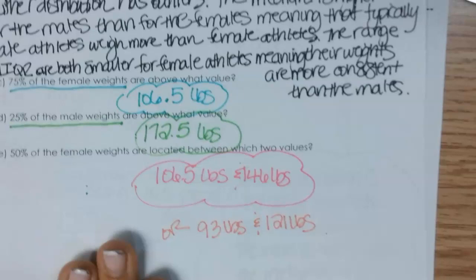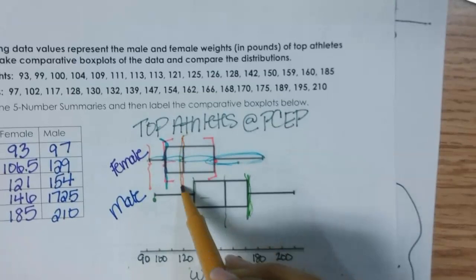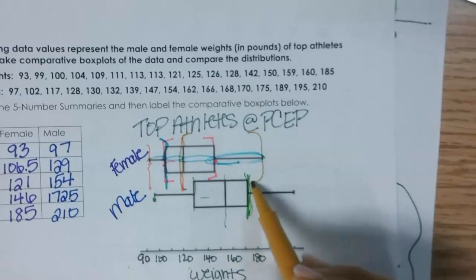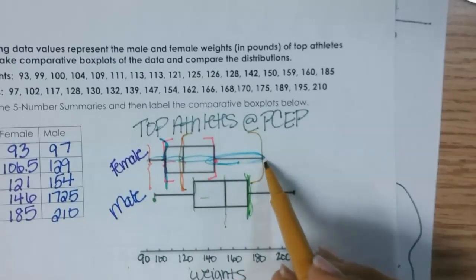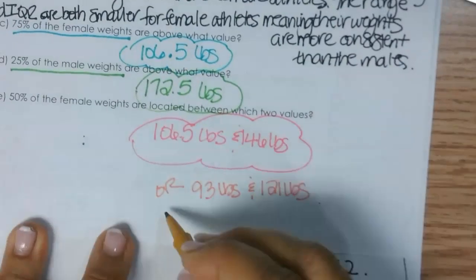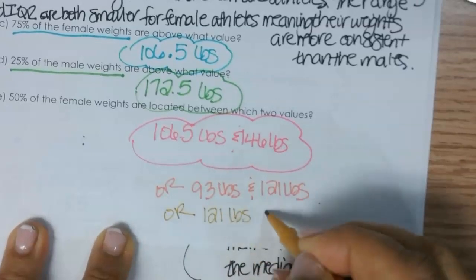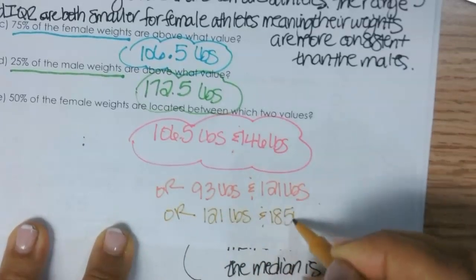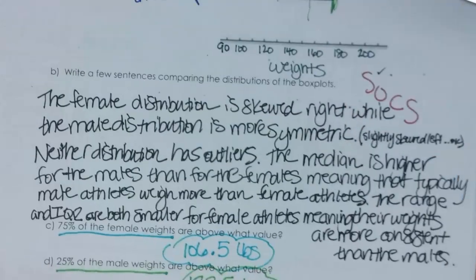But there's even another one, right? We also could go from the median up to our maximum, and that would be 50%. I know it's spread out more, but 50% of the weights are still contained in there. So we could also go from our median, which was 121 pounds, to the maximum, which is 185 pounds. Okay. In a test situation, you really should only have one option, so don't worry about it. But if you find another one, feel free to list it.